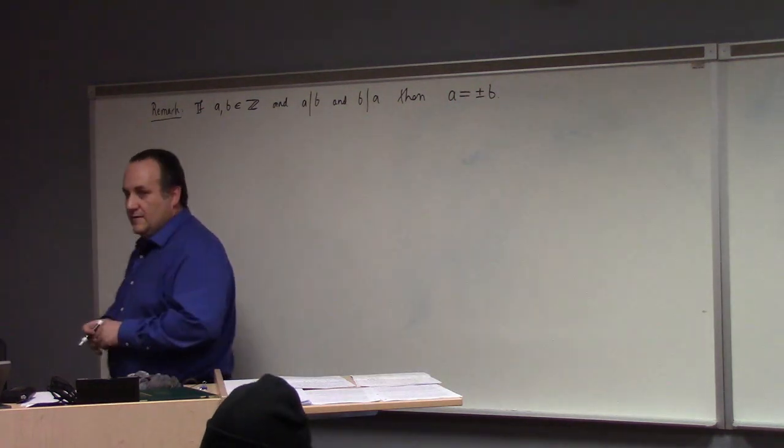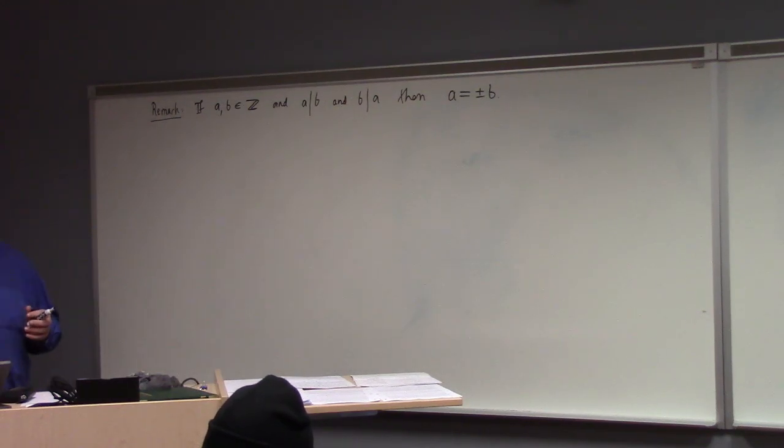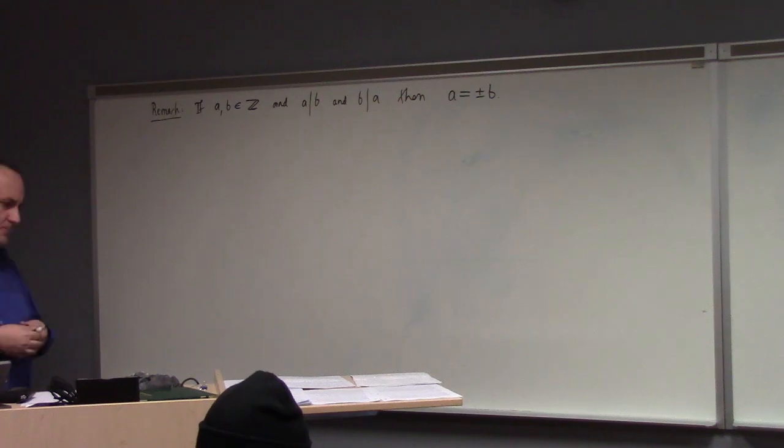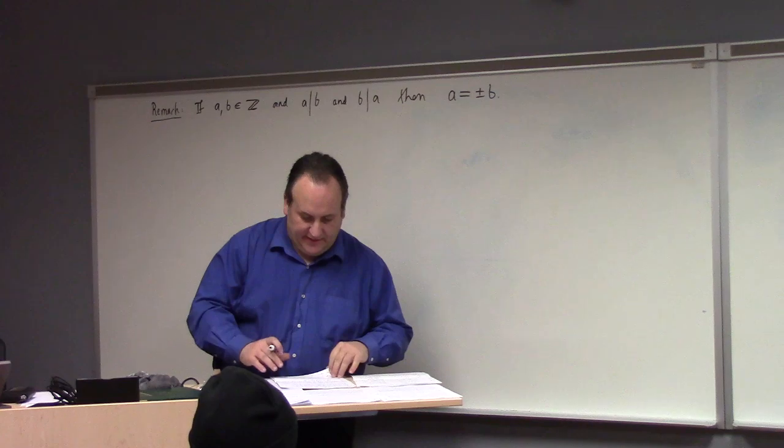I'm not going to do this one today, but that is true, and you could get it by twisting the argument I gave last time ever so slightly. So let me start with our next proof for today.